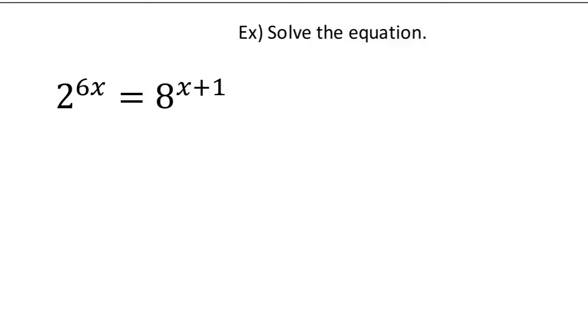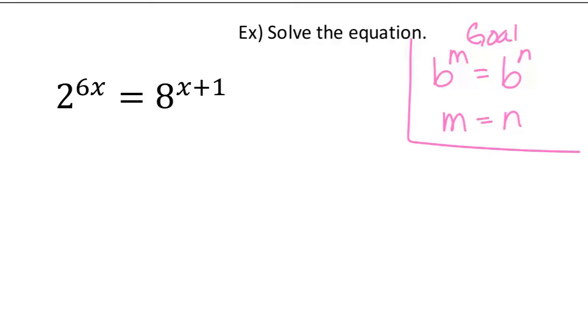Remember, my goal is to get b to the m equals b to the n power, so that then my exponents can equal each other, right? This is my goal. And then I need to know my exponent rules, which we'll talk about in a little bit.